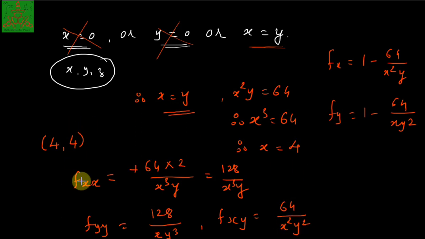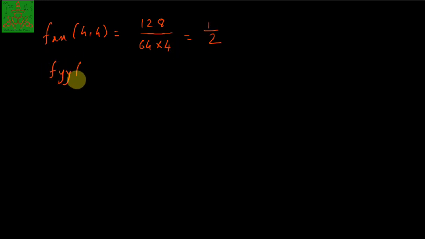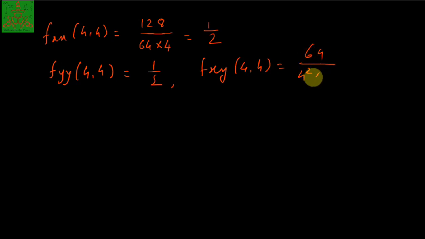Now we need to calculate fxx, fyy and fxy at the point 4, 4. So fxx at 4, 4 is 128 upon x cube, that is 64 into 4, which is 1 by 2. Fyy, calculated in a similar manner, is also 1 by 2. And fxy at 4, 4 will be 64 upon 4 square into 4 square, which gives 1 by 4.